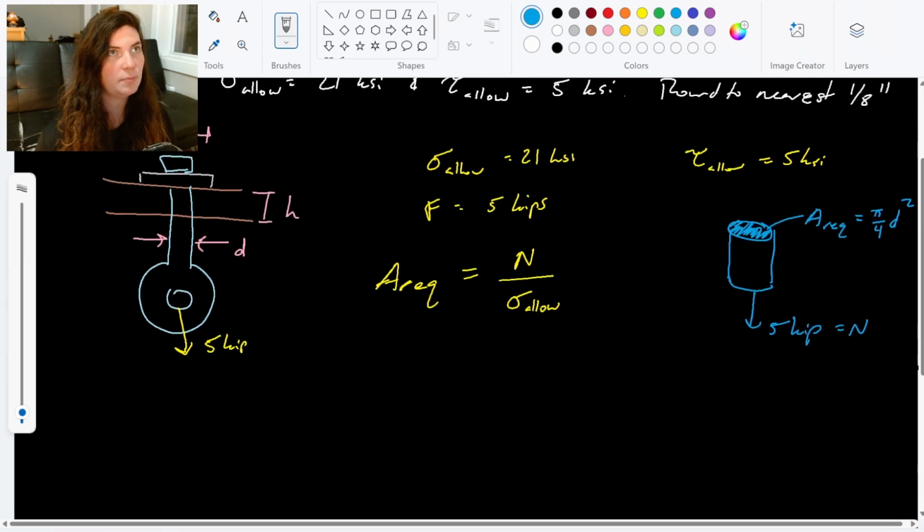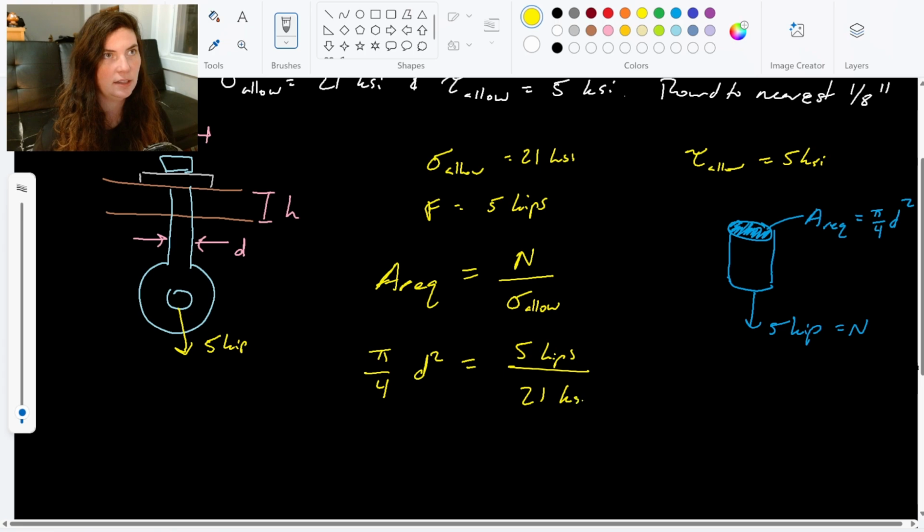So I can pop these right into my equation. Pi over 4 D squared, which is my area required, equals the normal force axially through my eye bolt, 5 kips, over the allowable stress they gave me, 21 KSI.